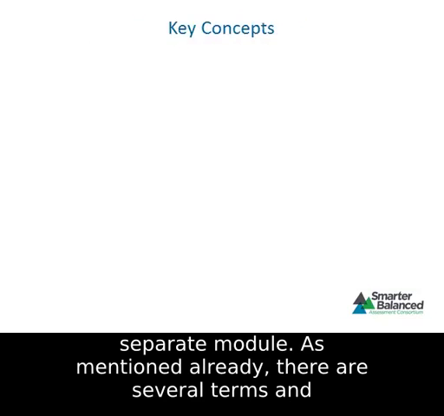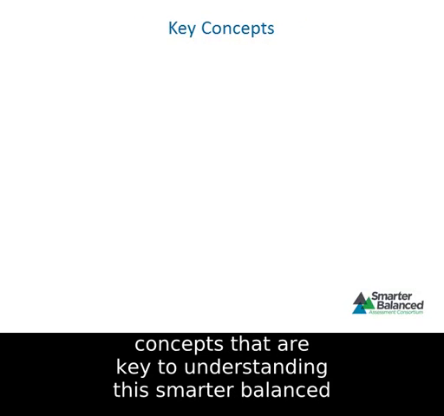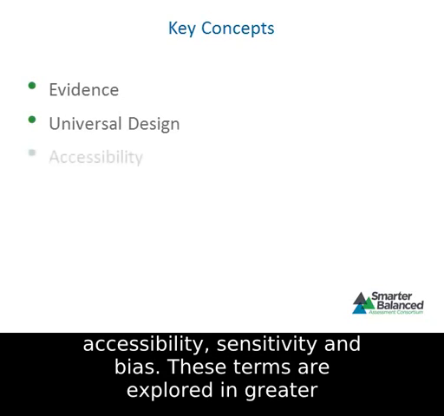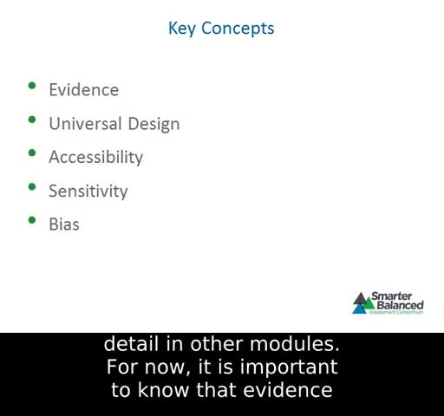As mentioned already, there are several terms and concepts that are key to understanding the Smarter Balanced Assessment System. Among these terms are evidence, universal design, accessibility, sensitivity, and bias. These terms are explored in greater detail in other modules.